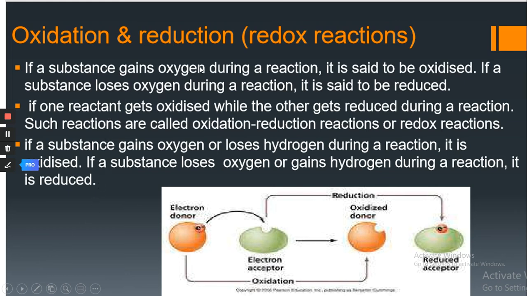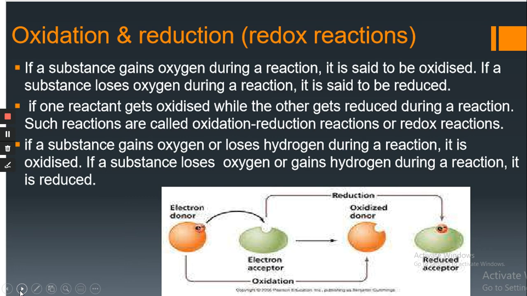Oxidation and reduction reaction. In short form, it is also known as redox reaction. If a substance gains oxygen during a reaction, it is said to be oxidized. If a substance loses oxygen during a reaction, it is said to be reduced.